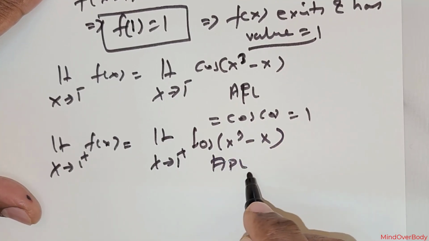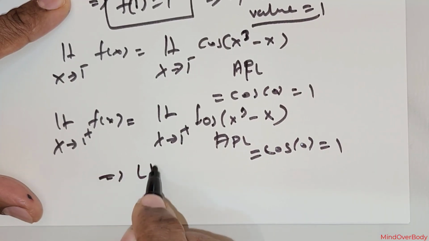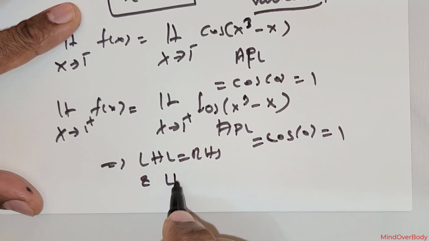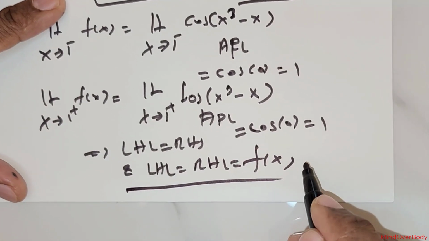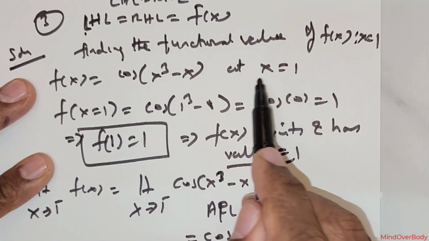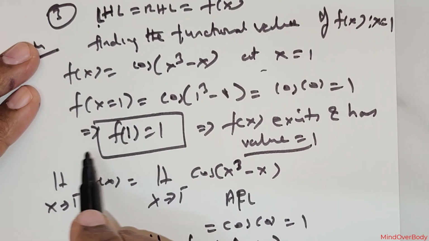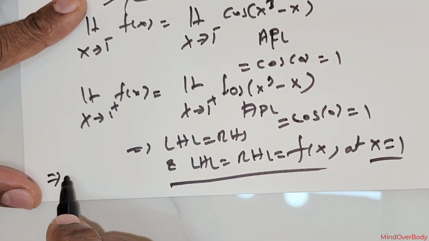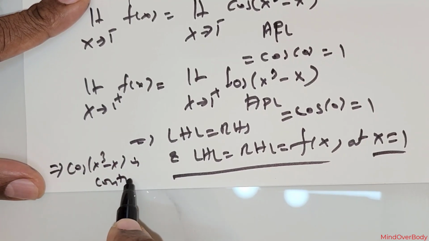We apply the limits and we get cos(0) = 1. So this means the left hand limit is equal to the right hand limit, and it is equal to f(x) at x = 1, because that's the functional value. You see here at x = 1, we got the value to be 1. So the final conclusion: this means cos(x³ − x) is continuous.